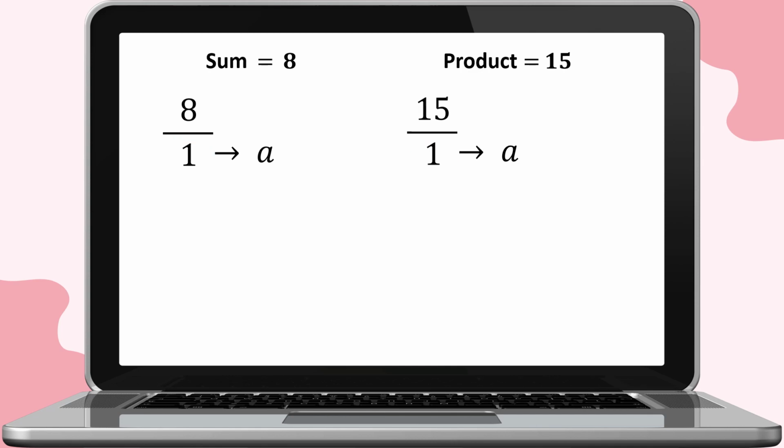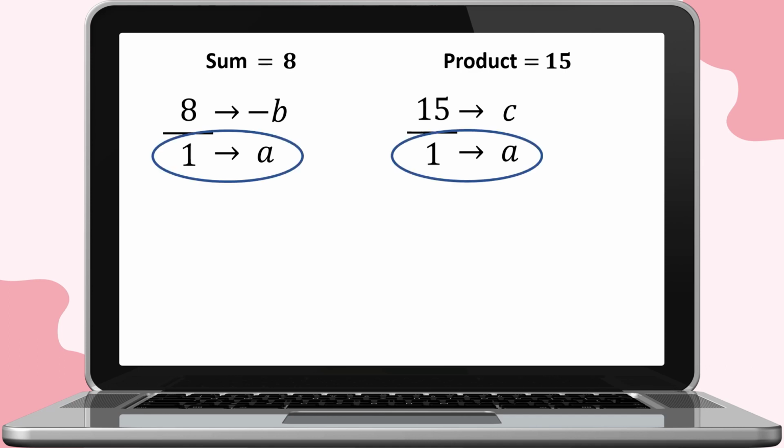The numerator of our sum, which is positive 8, will be our negative B, while the numerator of our product, which is positive 15, will be our C. We now identify the values of A, B, and C. The value of A is equal to 1.